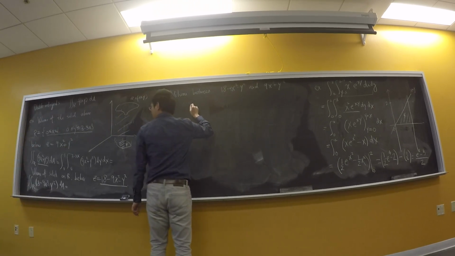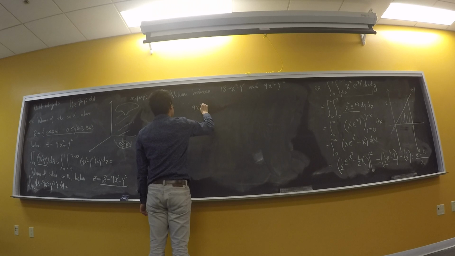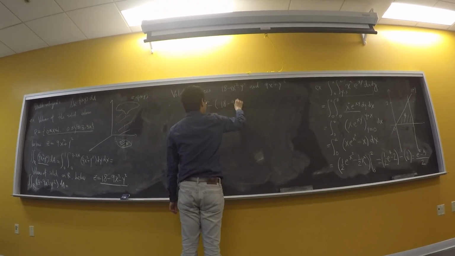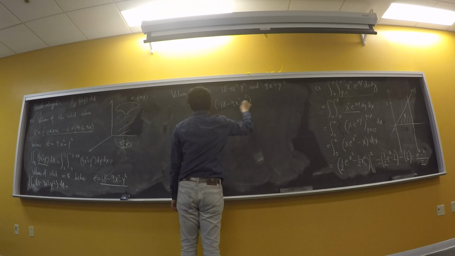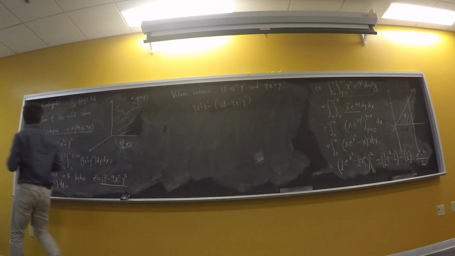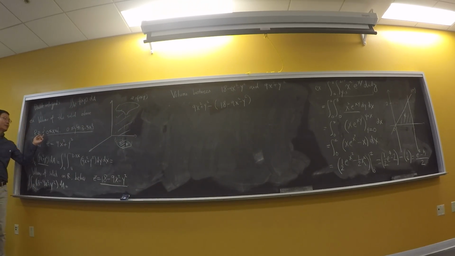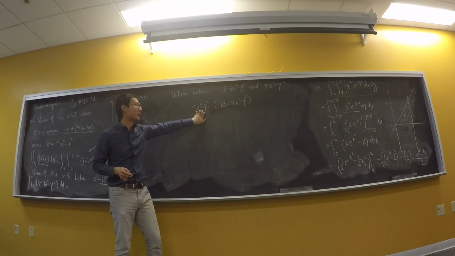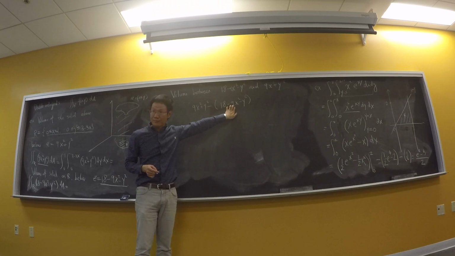For instance, if I take the difference 9x squared plus y squared minus the other one, 18 minus 9x squared minus y squared, I can find several testing points in this region and see if that is positive or not. If it is positive, that is exactly saying this function is above, this function is below.